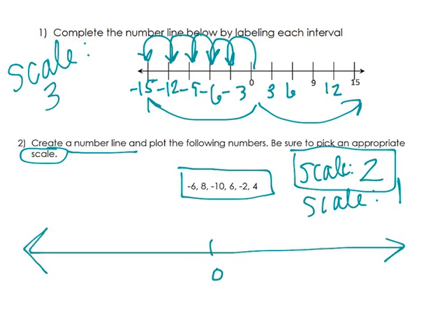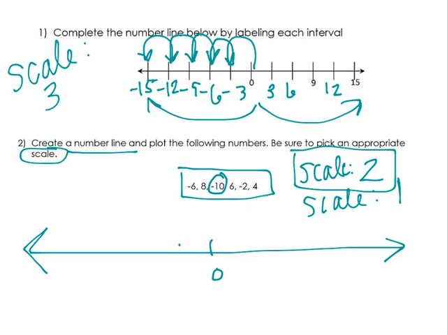Remember that in the middle of your number line is a 0. If I'm counting by 2s, and I know that on one side of my number line I need to get as far as -10, I need to make sure that both sides of my number line have that amount of tick marks. So let's start with the left side of our number line.